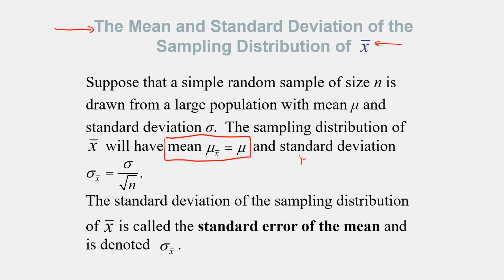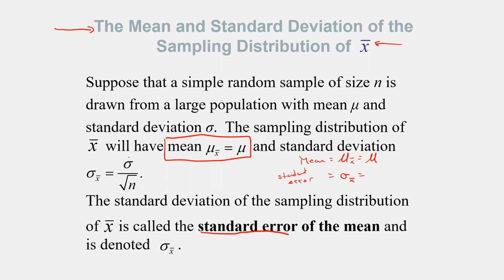So it's the average of the averages, and that's going to be equal to whatever the population mean is. And the standard deviation, which I'm going to refer to as the standard error instead, we denote as sigma sub X bar.